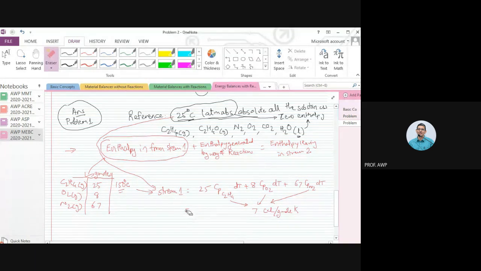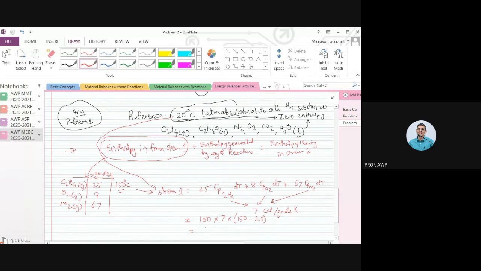So the enthalpy of stream number 1 would simply be (25 plus 8 plus 67), which is 100, into 7 calories per gram mole Kelvin multiplied by 150 minus the reference temperature. So 100 into 7 into 150 minus 25, that's 125.